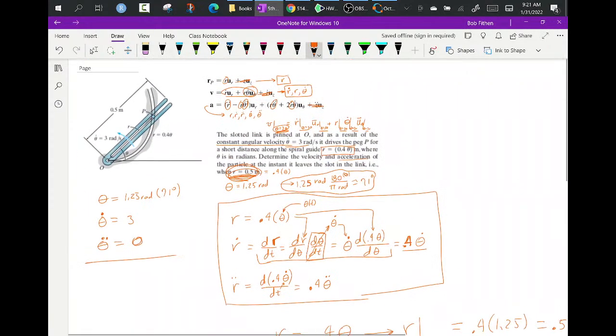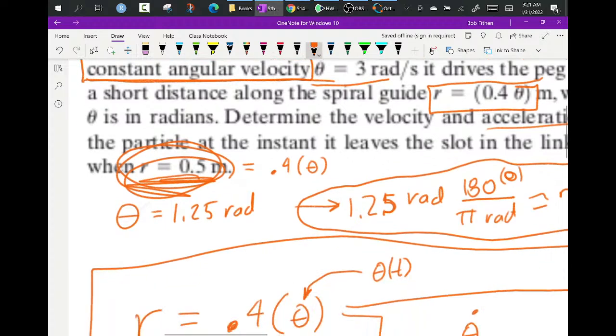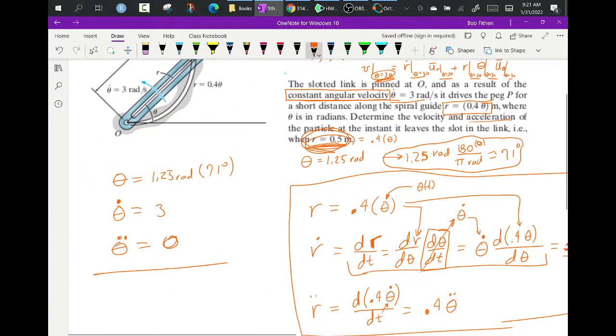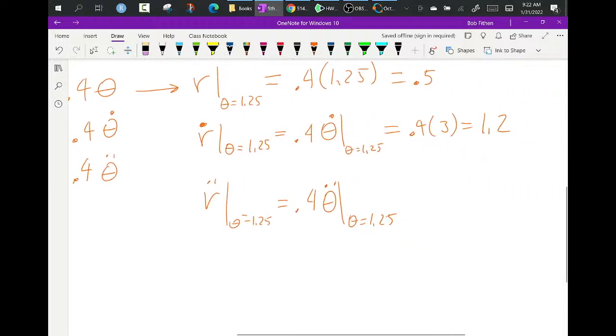However, he told us it was a constant angular velocity, meaning that if this is constant, it doesn't vary much. So it doesn't vary at all. Therefore, you could look at this and say that's 0. Well, that's 0 all the time, and this just becomes 0 here.